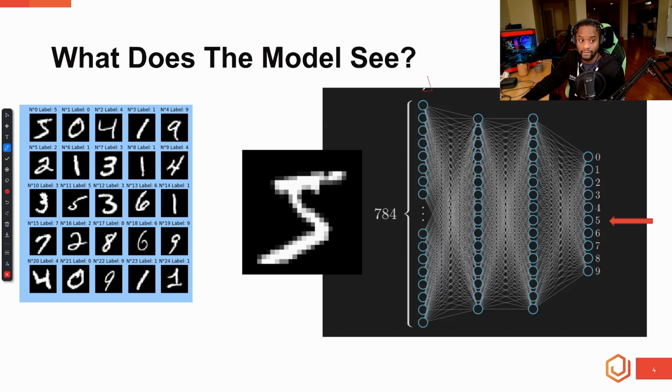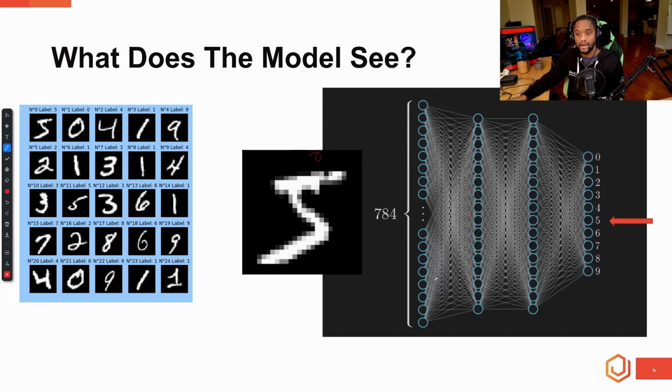This very cool model knows how to look at pixels and then tell you what the right answer is. The architecture is such that it has one input node per pixel on the input layer, and then one output node per class.